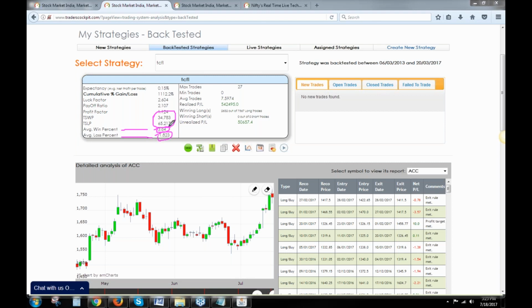Every winning trade had an average win percentage of 3.84%, and every loss-making trade had an average loss percentage of 1.8%, and the total net realized profit was somewhere around 5,42,495 on the total Nifty 50 stocks there.